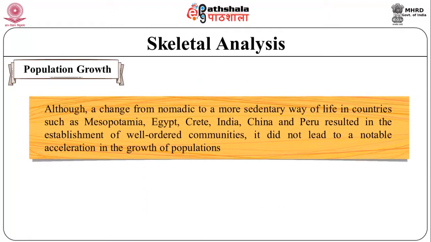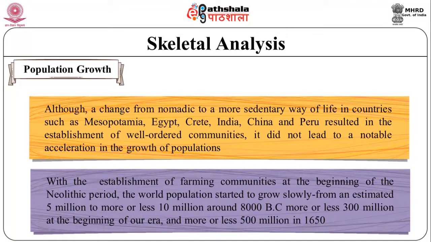Although a change from a nomadic to a more sedentary way of life in countries such as Mesopotamia, Egypt, Crete, India, China and Peru resulted in the establishment of well-ordered communities, it did not lead to a notable acceleration in the growth of the population.